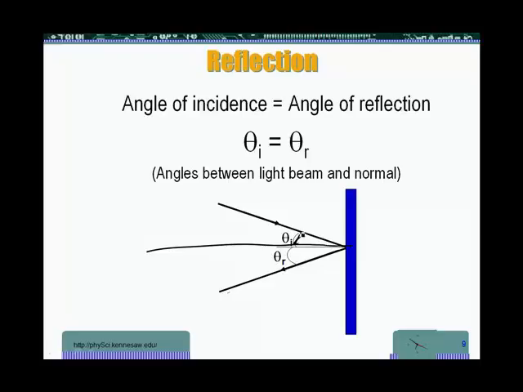So the angle of incidence, which is the angle that the incident beam makes with the normal to the surface, which is drawn in blue here, is the same as the angle of reflection, which is the angle that the reflected beam makes with the normal. This is what we call the law of reflection. It's a very easy law, and it has very interesting applications.